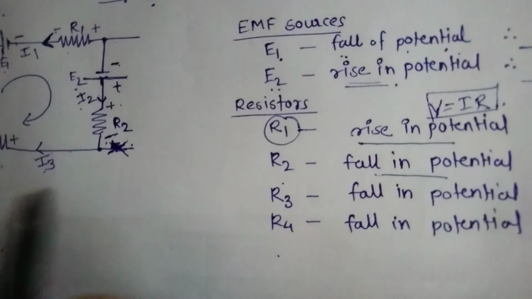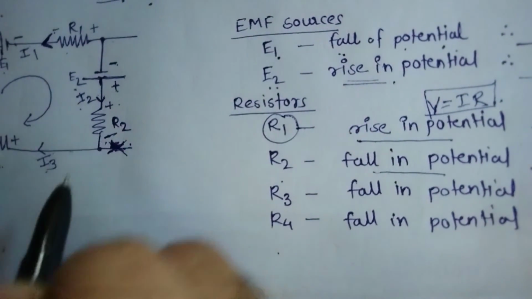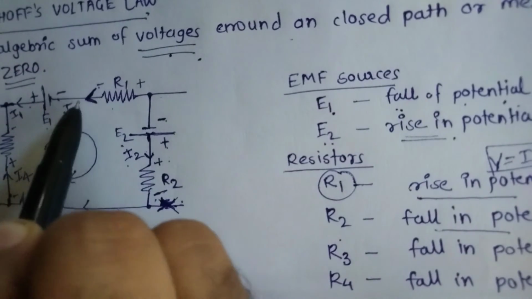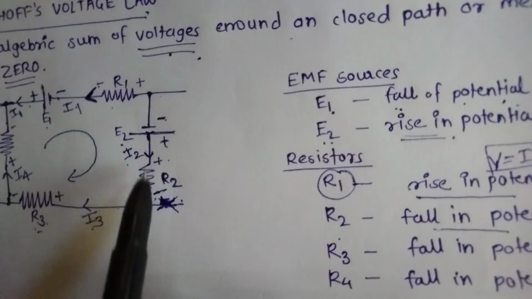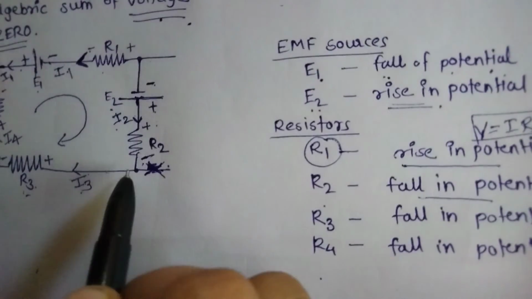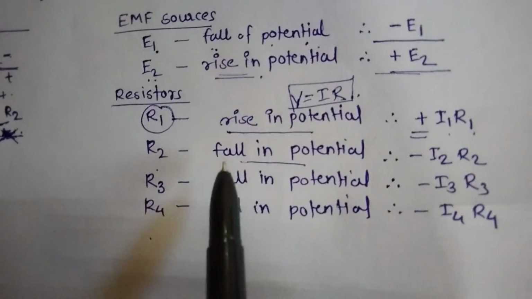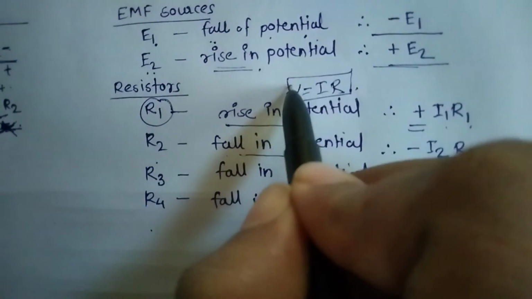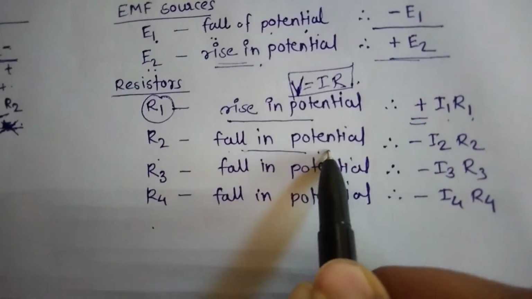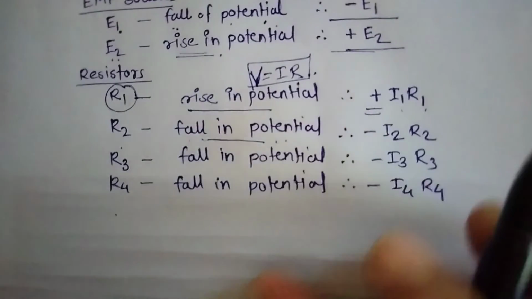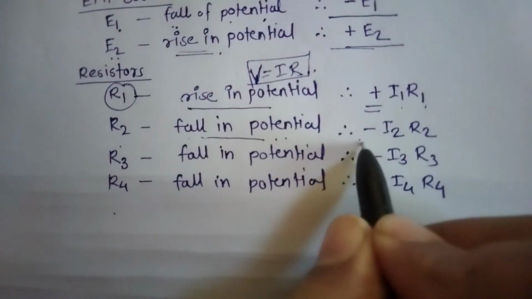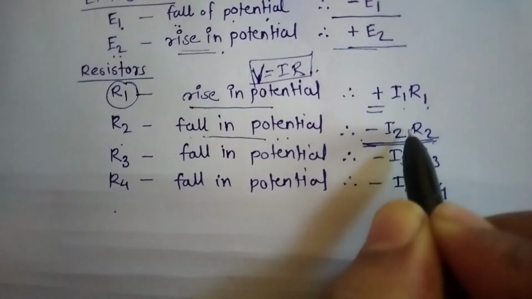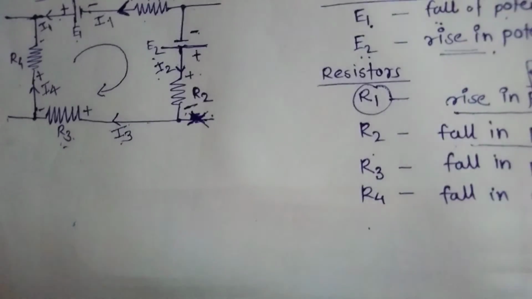So it is in the direction of the current. Here in the R1 we are moving against the current, right? Here we are moving in the direction of the current, so there is a fall in the potential, right? Potential is V only. So we will write it with a negative sign, negative of I2 R2.